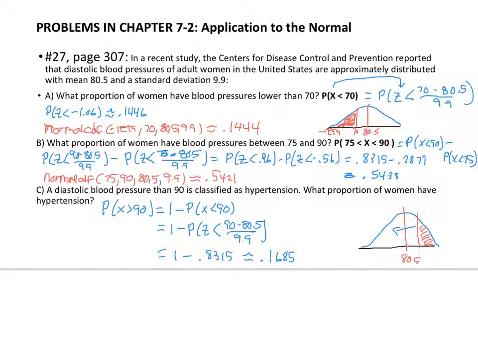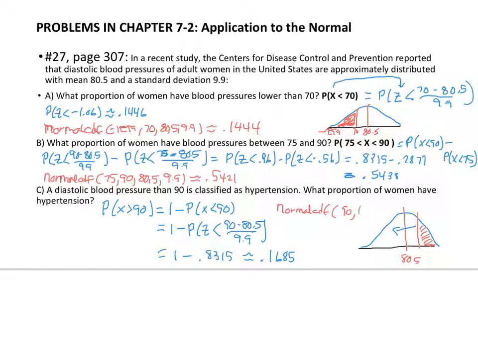Now again, we can use our calculator, and when we do that, normal CDF, we start out at the lower bound being at 90.